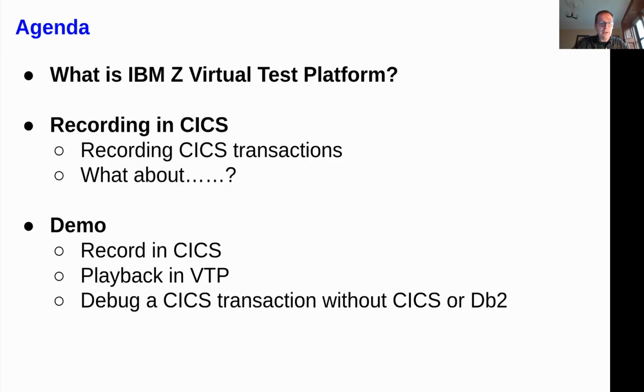And then the bulk of the session we're going to leave to the end. Joe is going to give us an end-to-end demo of the product, through recording in CICS to playing back in VTP, and quite a kind of revolutionary concept that Joe himself has developed. He will show us how to debug a CICS transaction without needing either CICS or DB2.